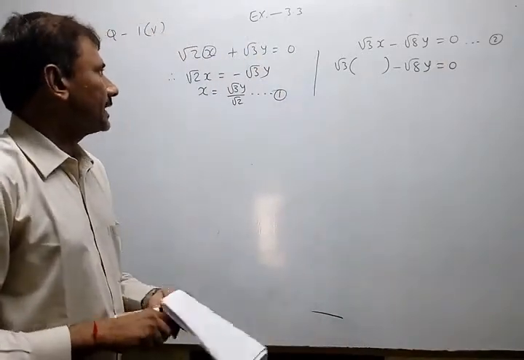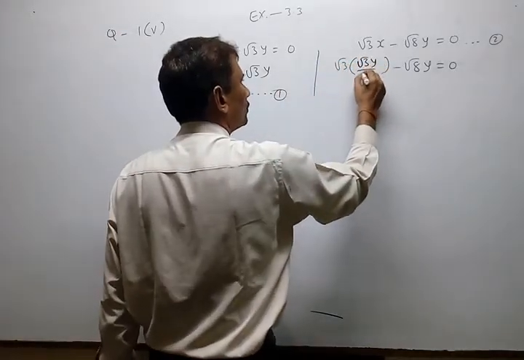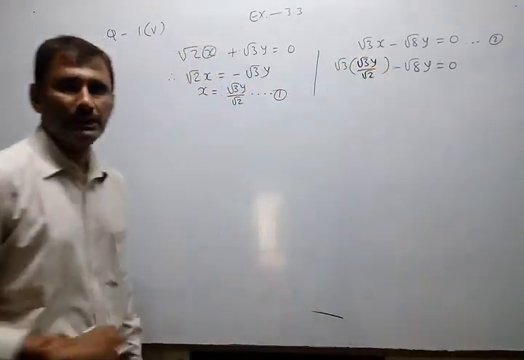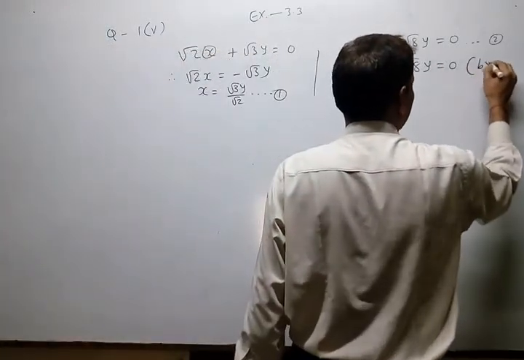Instead of x, write root 3 y upon root 2. Just open that bracket, I used equation number 1.